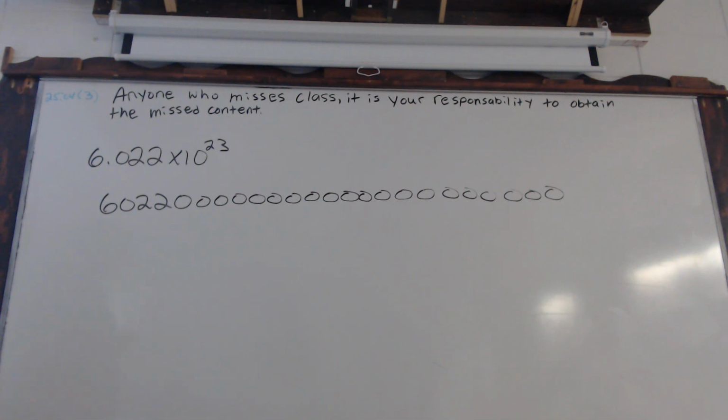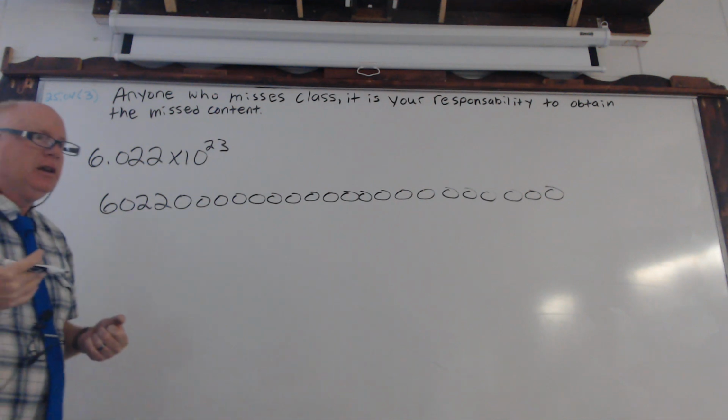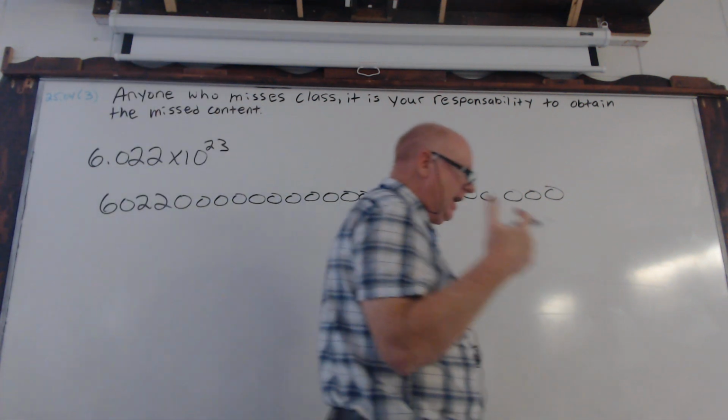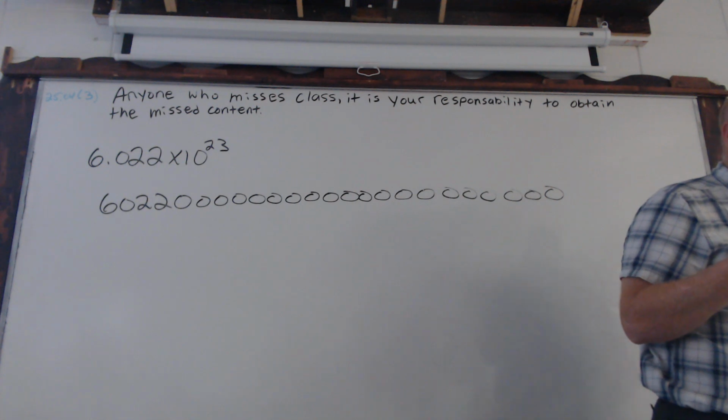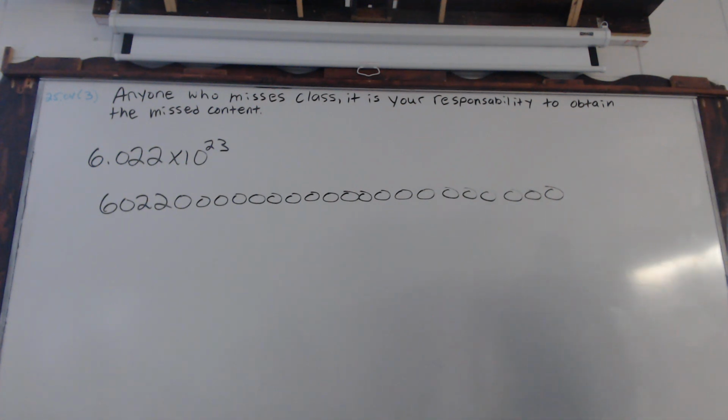Does anyone think they know how you convert scientific notation? I'd be impressed but not surprised if you may not know how. In other words, if you see a number, how do you convert that to scientific notation?